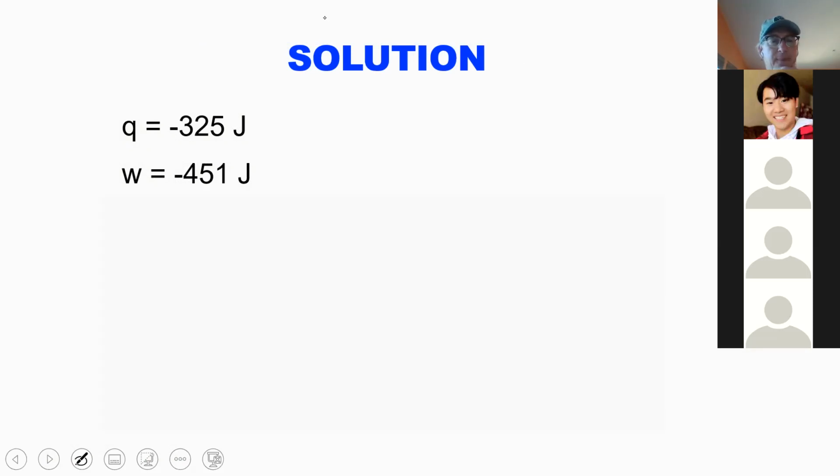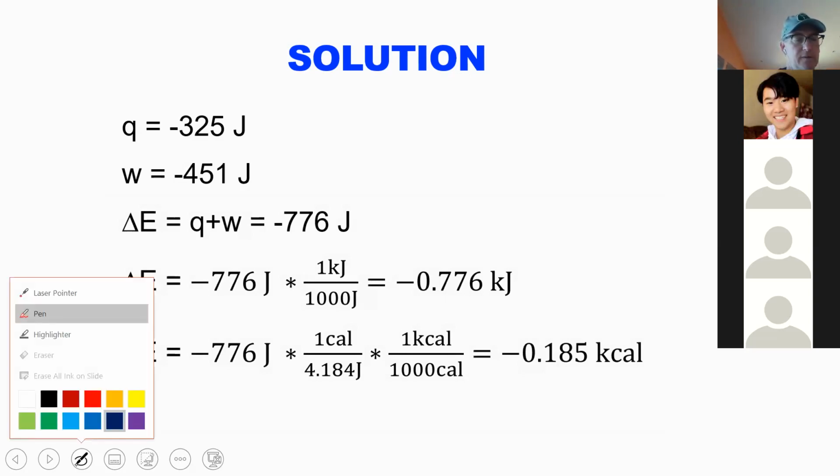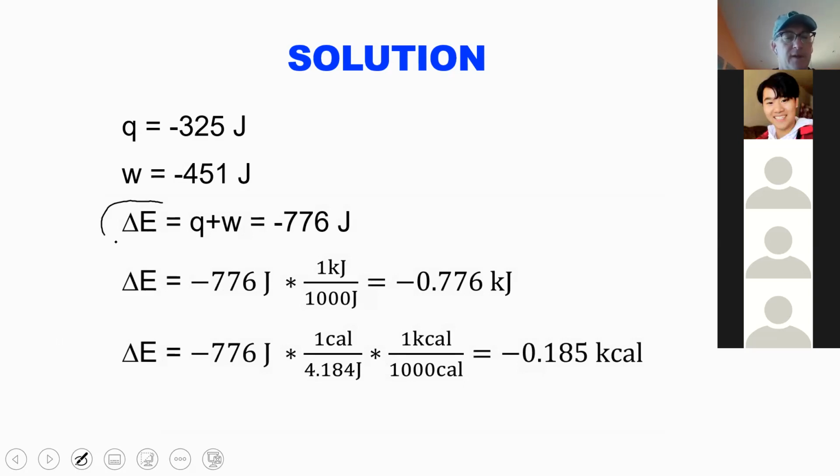The work is also being done into the surroundings, so it's negative as well, 451 joules. What do we do? We add them together, so we get a total of 776 joules. Let me see if my pen is working here. Here we go. Yeah, so we just add them together to get our 776 joules.